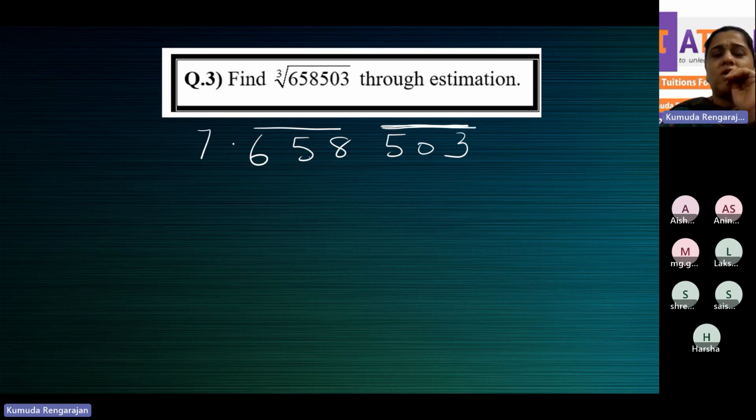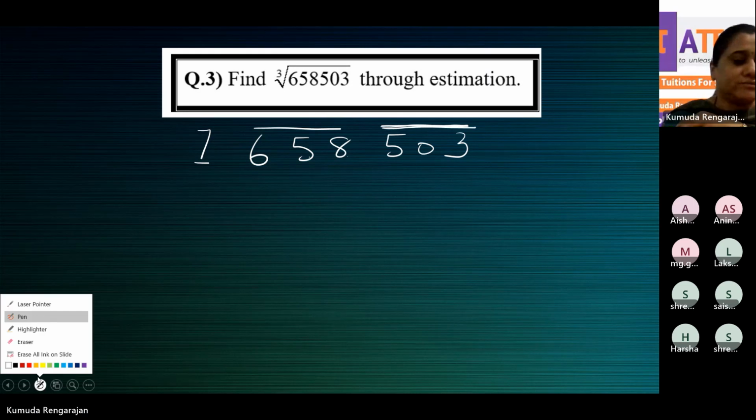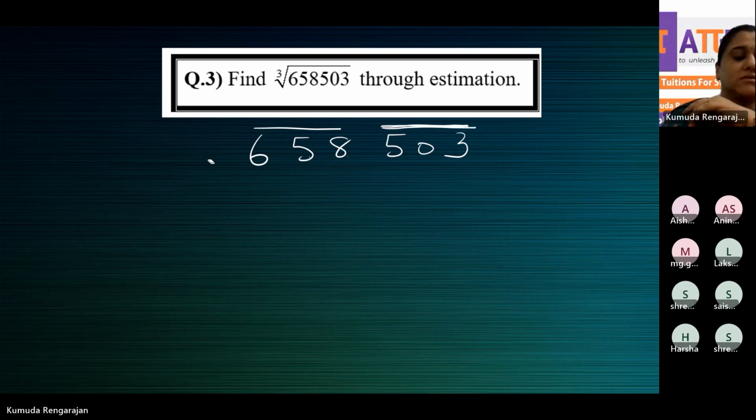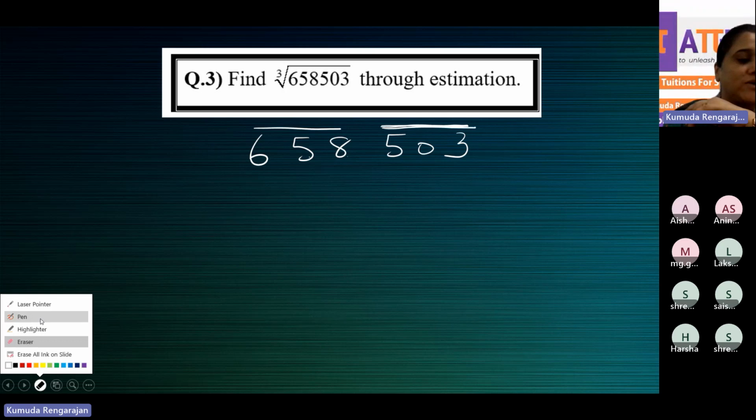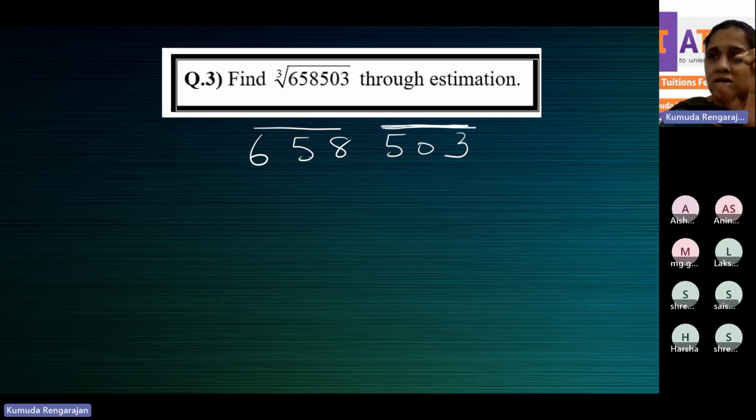There might be one or two digits left out without a triple. That's fine. You have to group in threes from behind.